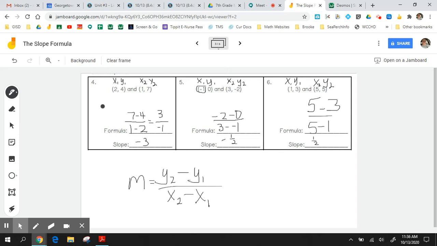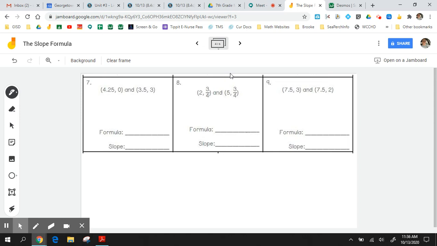Alrighty. So this is some practice time for you. Now I know that they have a decimal and they have fractions. So you're still going to label x1, y1, and x2 and y2. If you're needing to label, please. Alrighty, so I'm going to have 3 minus 0 and 3.5 minus 4.25.